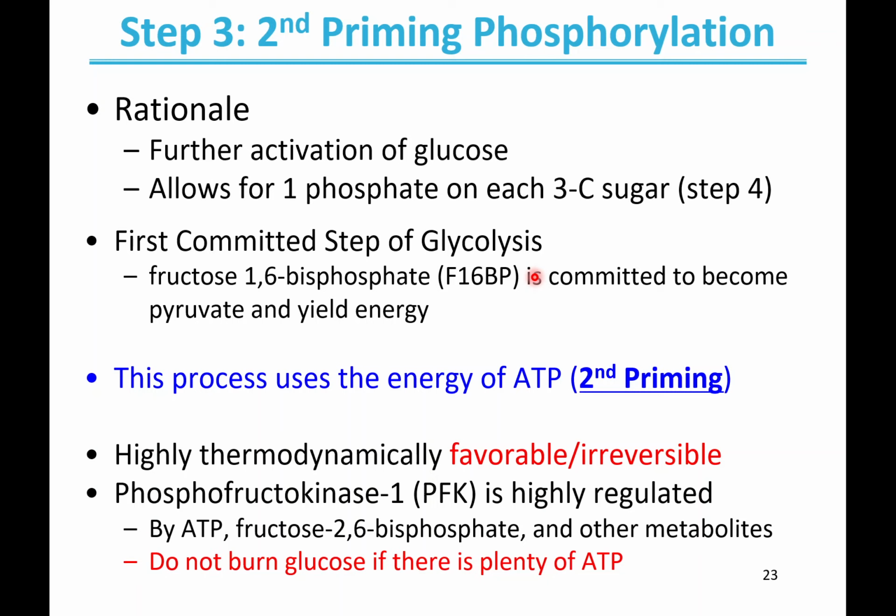But after this third step, you're committed to glycolysis. So fructose 1,6-bisphosphate is committed to become pyruvate and yield energy. This process uses energy again, ATP. This is the second priming step. It's highly thermodynamically favorable, which makes it irreversible, as you'd expect, because you're coupling this to the hydrolysis of ATP.